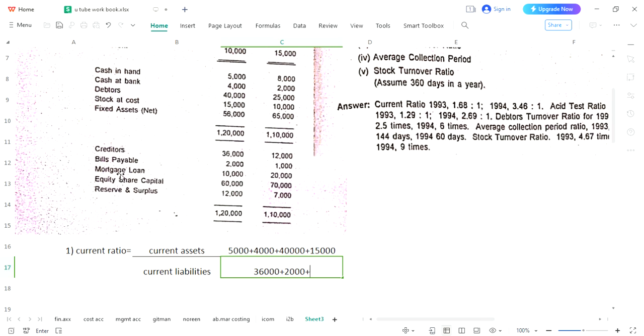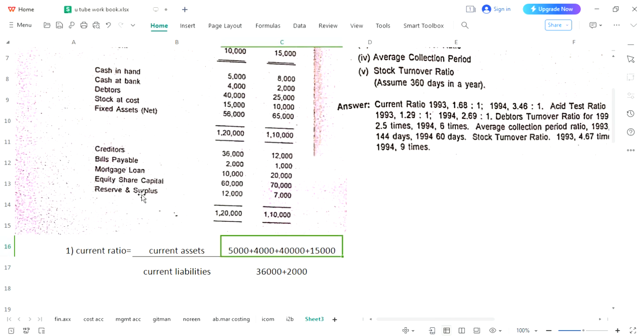Normally these loans are for longer period of time. So this is not a current liability. Capital, we already understood, is fixed liability. Reserves and surpluses are often made with the combination of profit of several years. So it's not a current liability. So loan, capital, reserve, surplus, all three are fixed liabilities. It means our current liability section is also completed.